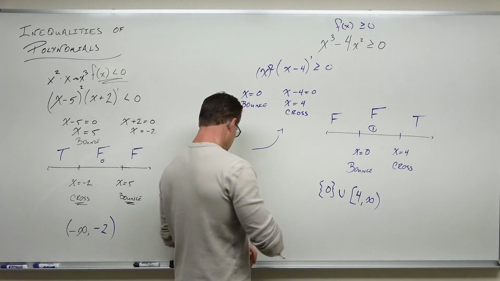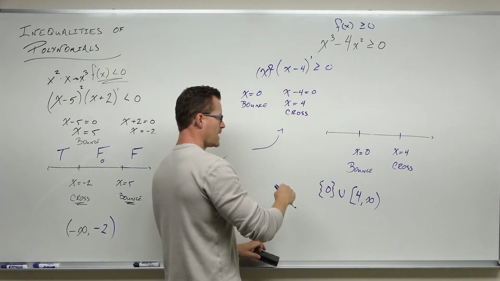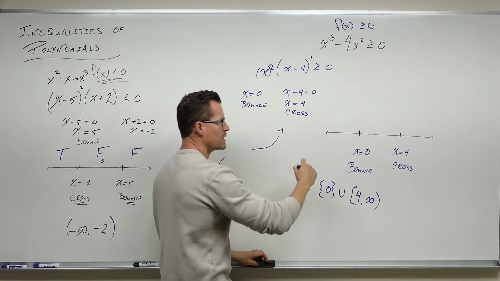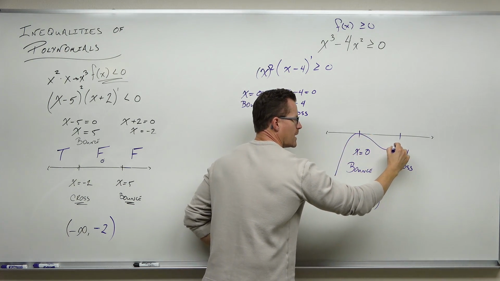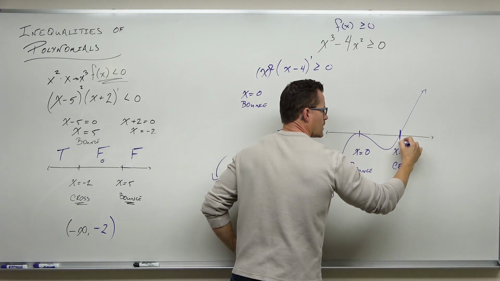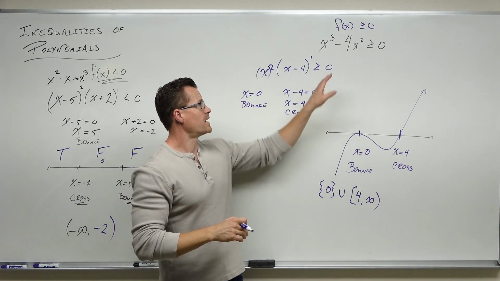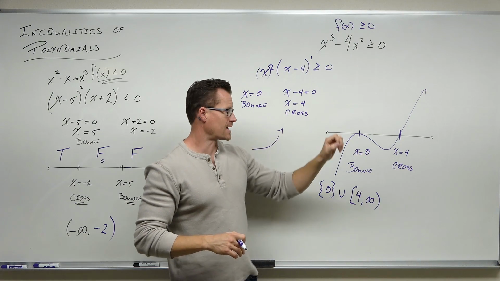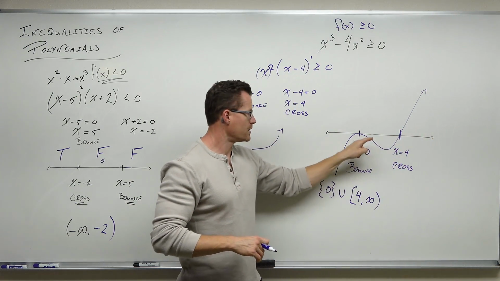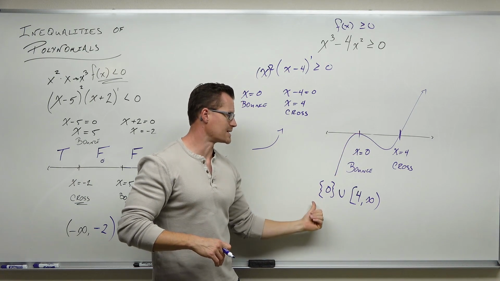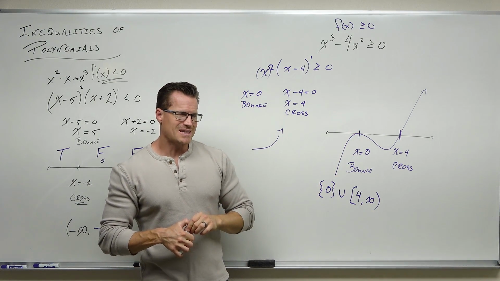So what this says is, if my end behavior is a standard cubic, it's going to come up, bounce, go down somehow, come back up and cross at x equals 4, and then we can actually get a better picture of it. Where is my function above or on the x-axis? Above on this interval, on here, and here. And that's exactly the same interval notation that we would get. So I hope that's making sense.